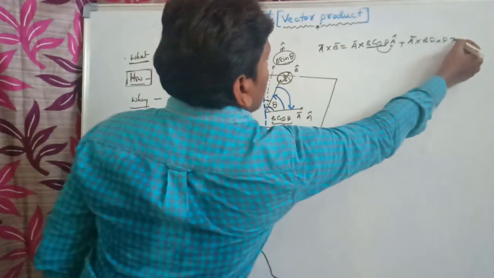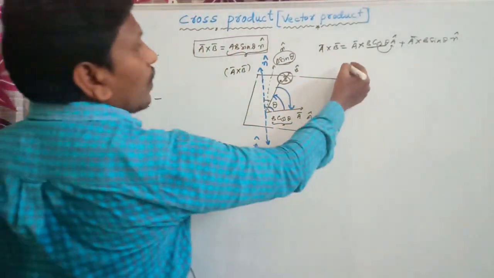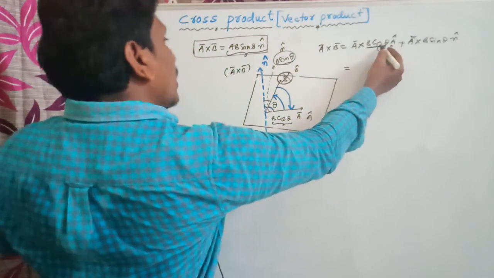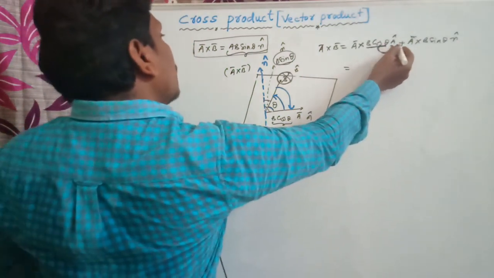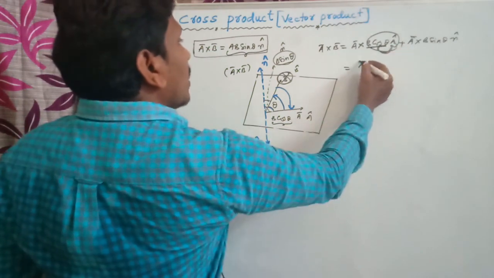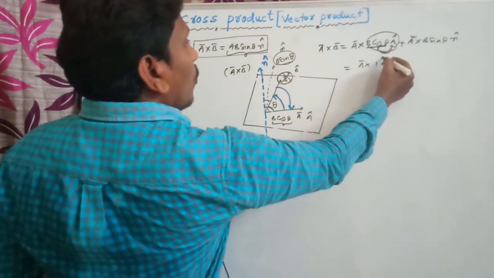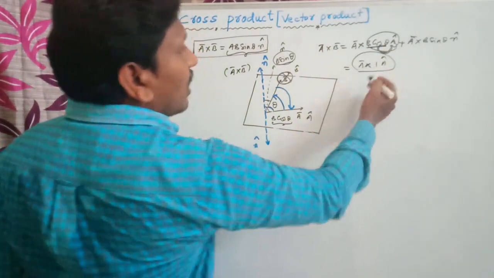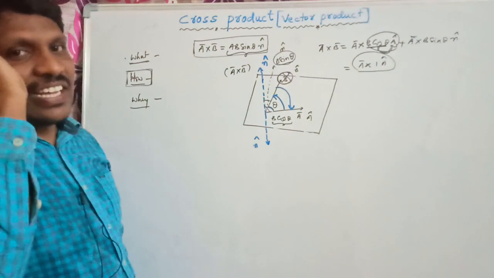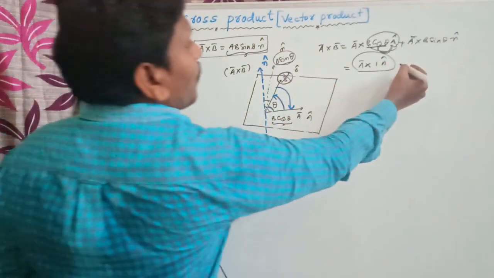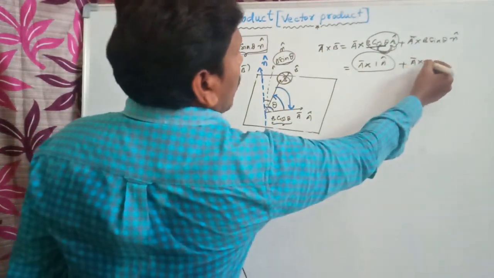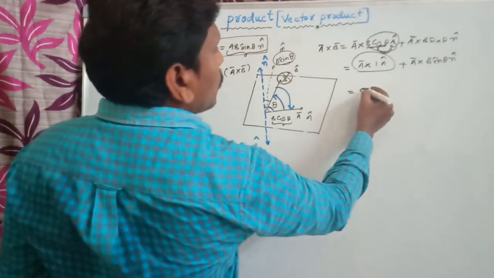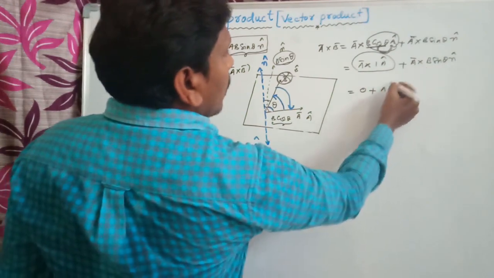Then we can simply understand n cap. This B cos theta is a magnitude multiplied by a unit vector, simply converted into a vector. The cross product of parallel vectors always gives 0, plus A bar cross B sin theta into n cap. So this is 0 plus A bar.